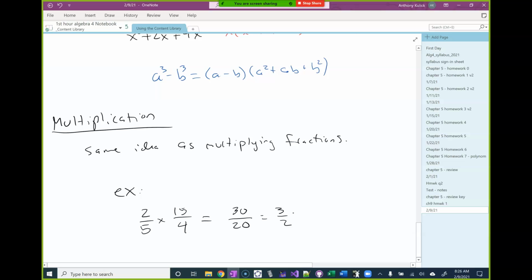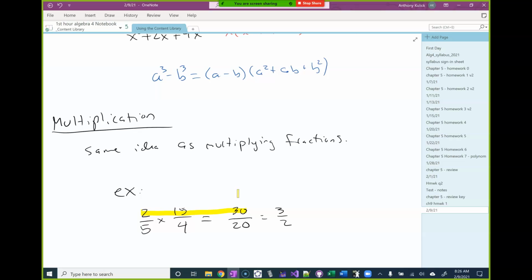Now, what's the problem if we try to take this same method with polynomials? What's going to make this a little or considerably harder if I have rational expression times rational expression? If I multiply two polynomials together, is that easy to do?